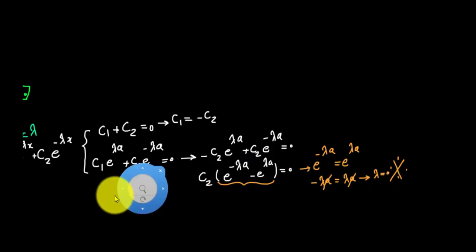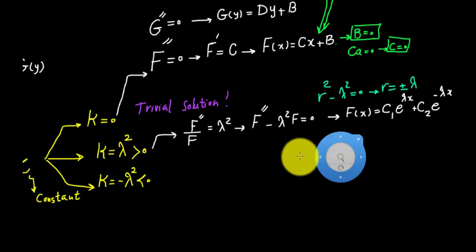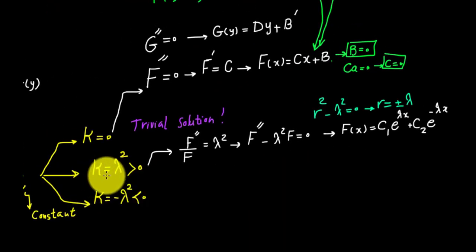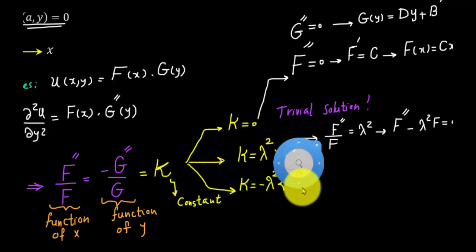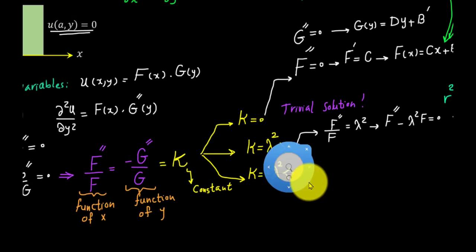So the second possibility that this so-called constant or eigenvalue becomes positive did not work for this case. So we ended up only having the third possibility, which means that this ratio of f double prime over f, which is minus g double prime over g, becomes a constant, at which this constant is a negative scalar.